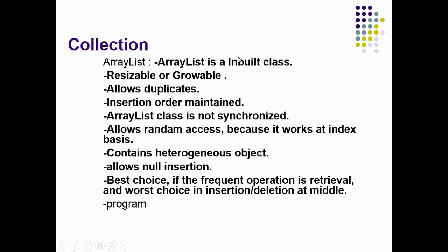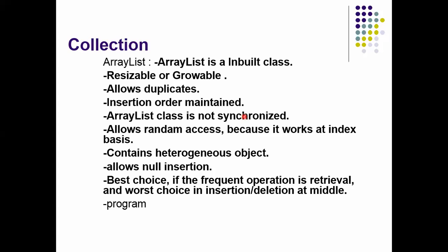ArrayList class is not synchronized, means its methods are not synchronized. Means at a time multiple threads or processes can access methods of the ArrayList class. To understand what synchronization is, we need to learn the thread topic.